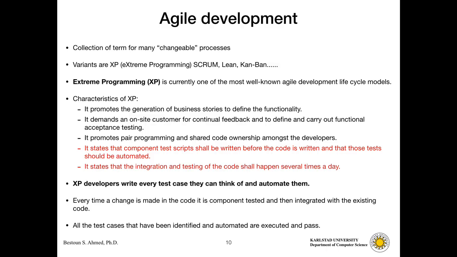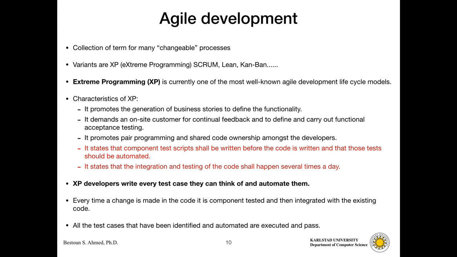Now, agile development is also a kind of development that you have in software engineering, and it is also this kind of rapid development. You have a collection of terms for many changeable processes.